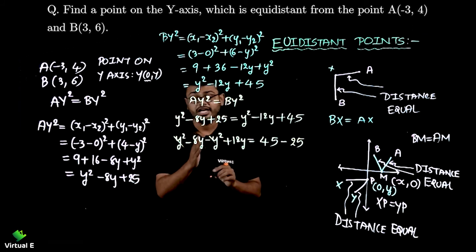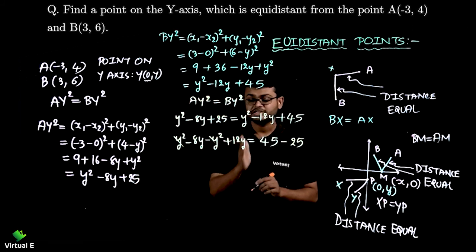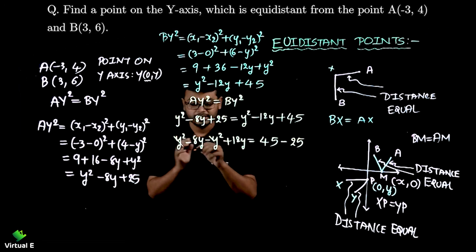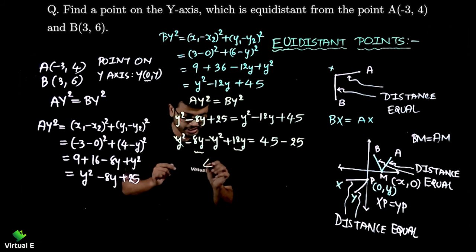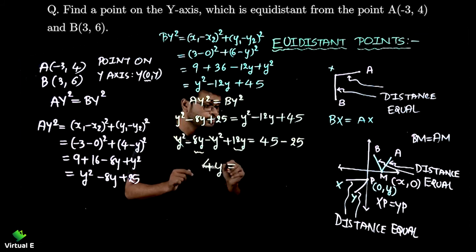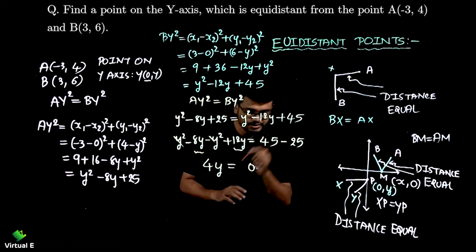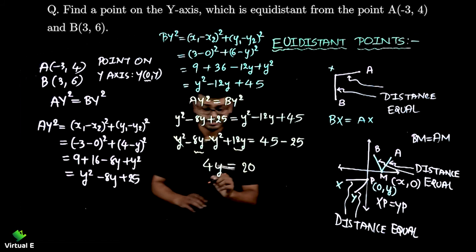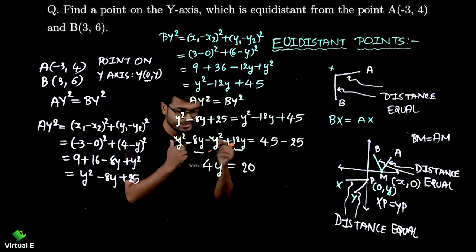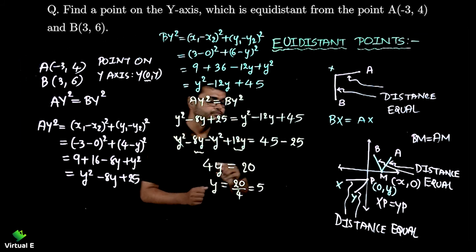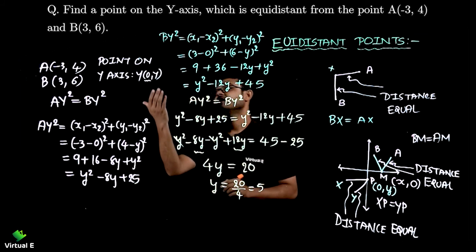Then minus 8y and plus 12y, what are you going to get? These are like terms. Okay, 4y is equal to 45 minus 25, which is 20. So check for the negative sign. No negative sign. Yes, y is equal to 20 by 4. So it is 5. Value of y is 5.